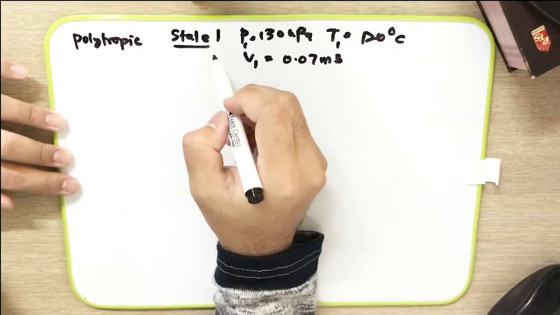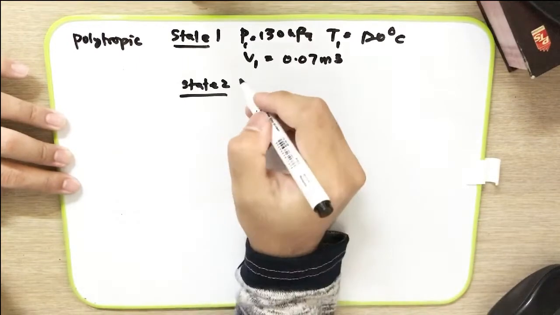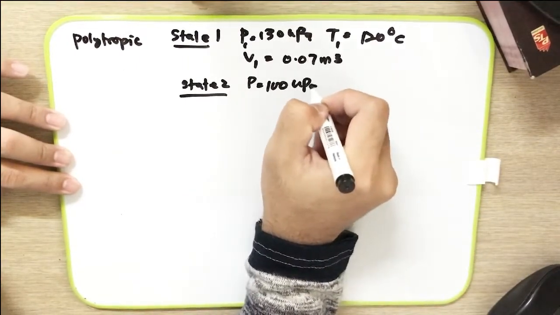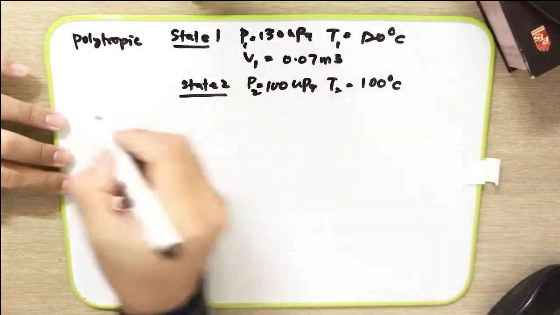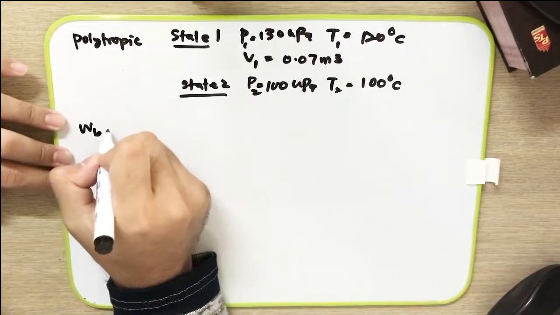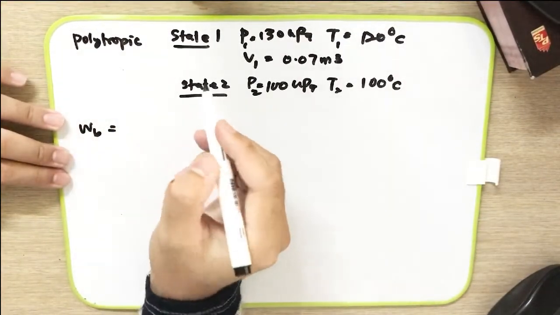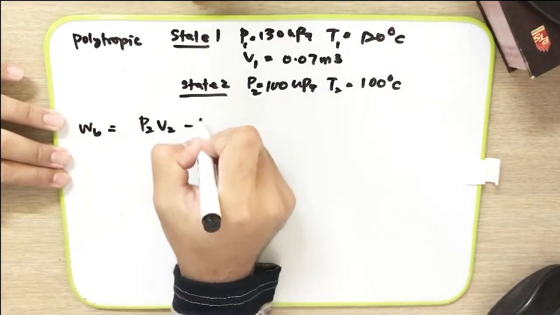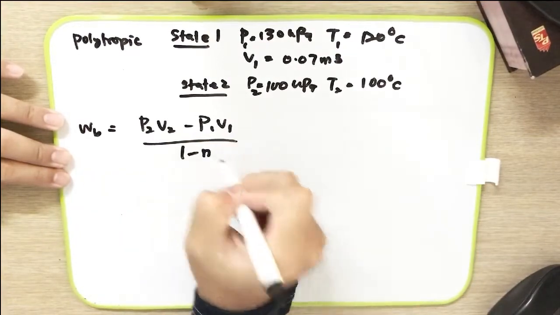From this state 1, it is expanded polytropically into state 2, where pressure is 100 kilopascal and temperature is 100 degrees C. So we need to find the boundary work. Because this is polytropic, the equation that we can use is P2V2 minus P1V1 over 1 minus n.